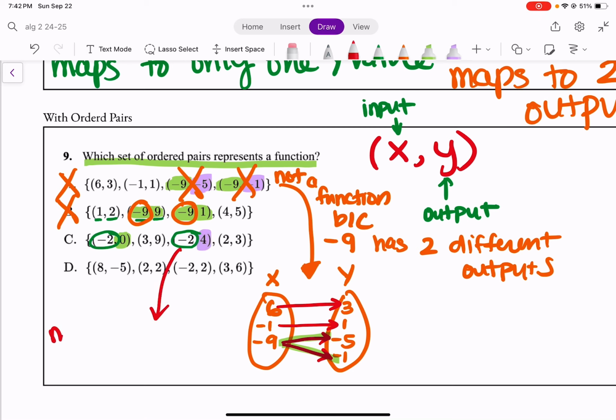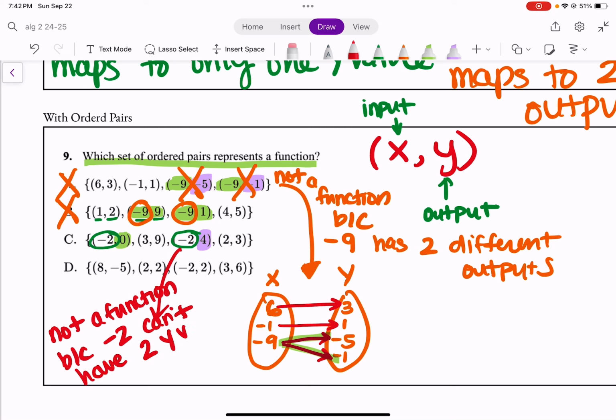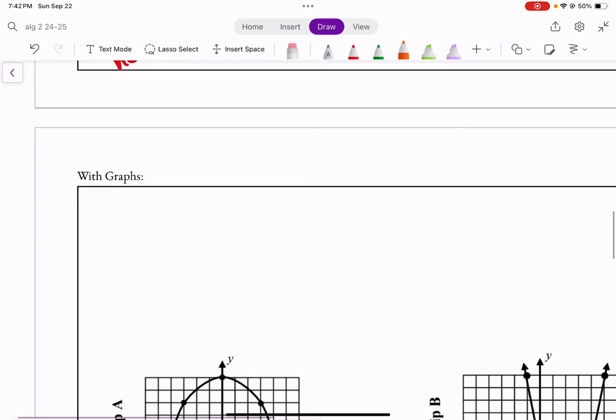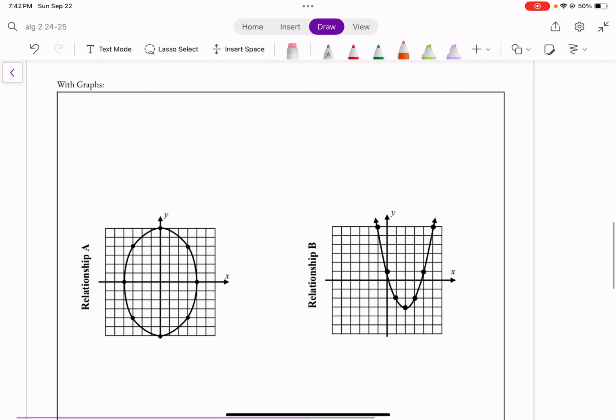So I'm going to write it here, not a function, because negative 2 can't have two y values, right? So this is not a function. If we look here, okay, we have 8, negative 5, 2, 2, negative 2, 2, and 3, 6. So this actually works out because every x value has its own y value, right? So again, that's okay.